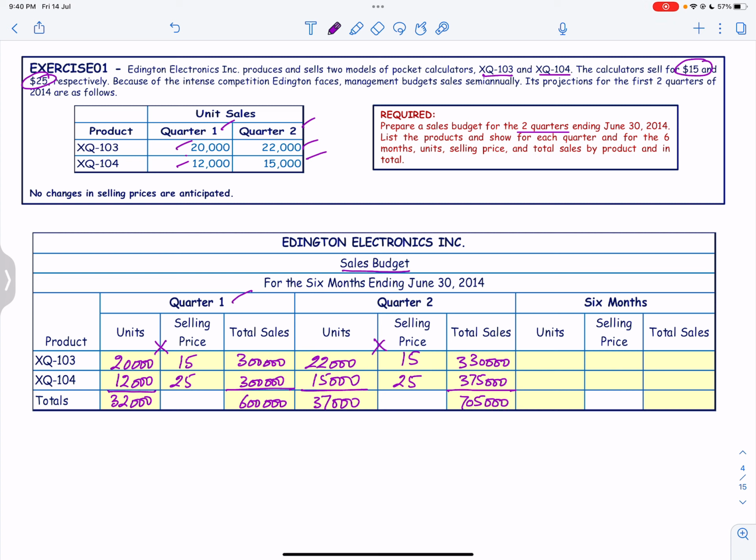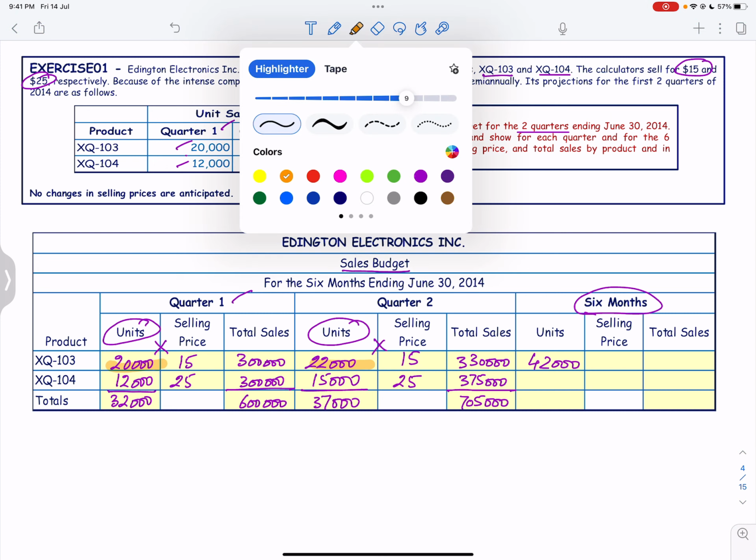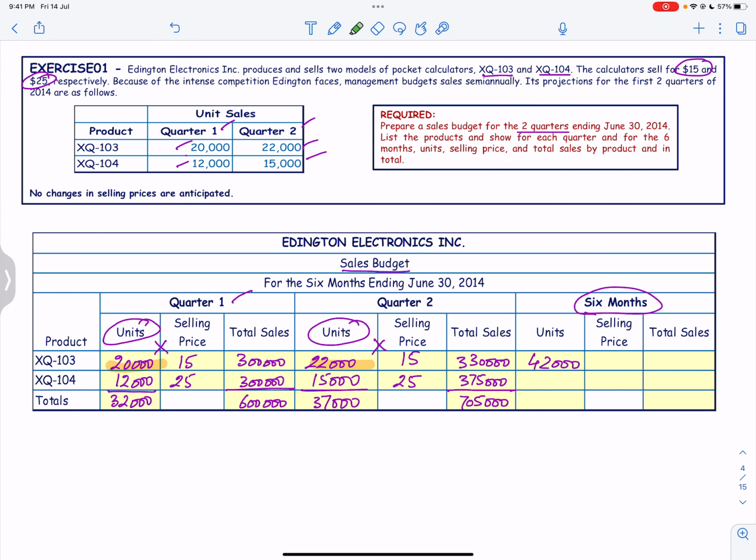and the total will be 705,000. The units for the 6 months will be the units for quarter 1 and the units for quarter 2. So that is the total of 20 plus 22, that makes 42, and 12 plus 15, that is 27,000.